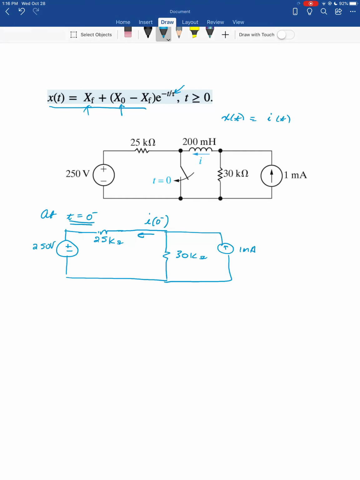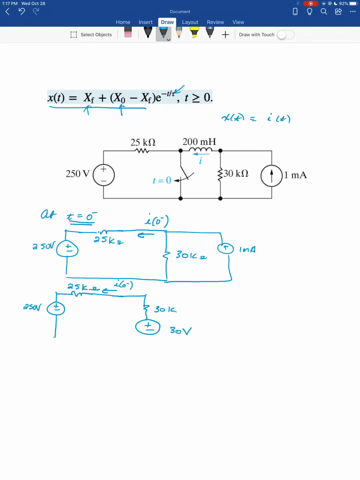So what I want to find is I at 0 minus, which is what this circuit is sketched for. It'd be pretty easy to do a source transformation there. We'll leave my 25K, and for all practical purposes I want the current through that 25K. Then I'm going to do a source transformation on the 30K resistor and the 1 milliamp source.